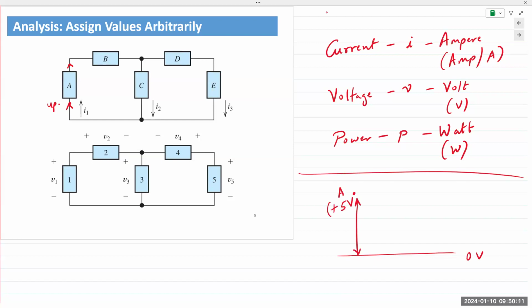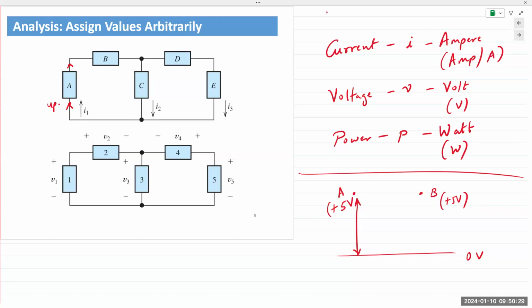Then you have B, which is also at +5 volts. The difference in potential between A and B is 0. So the voltage between A and B is 0.